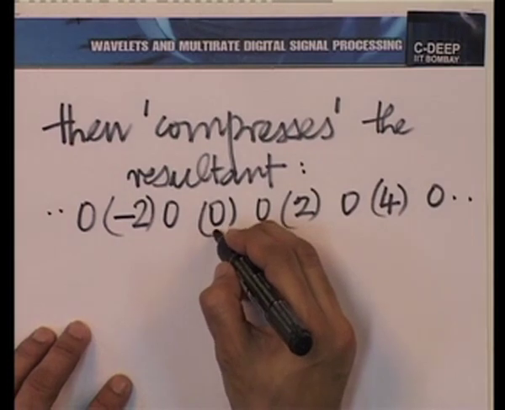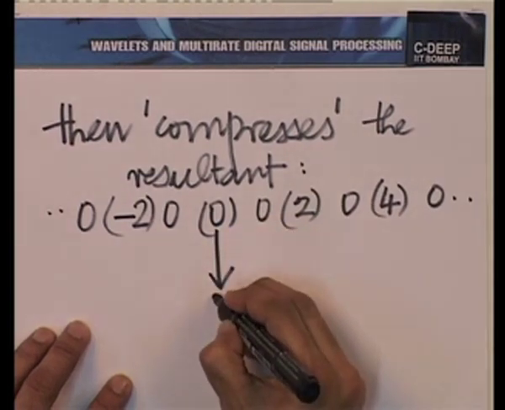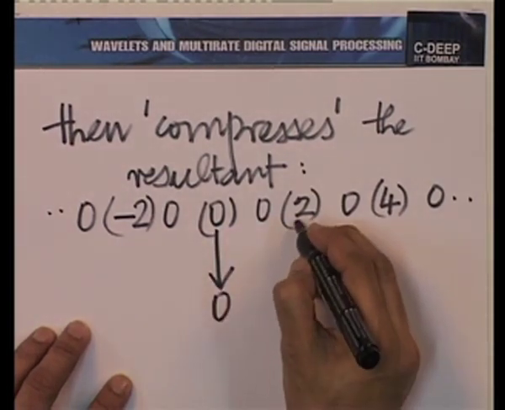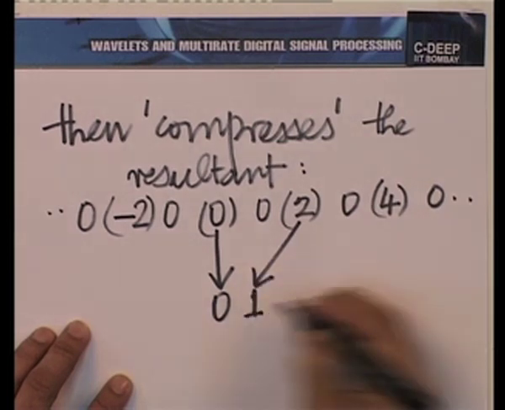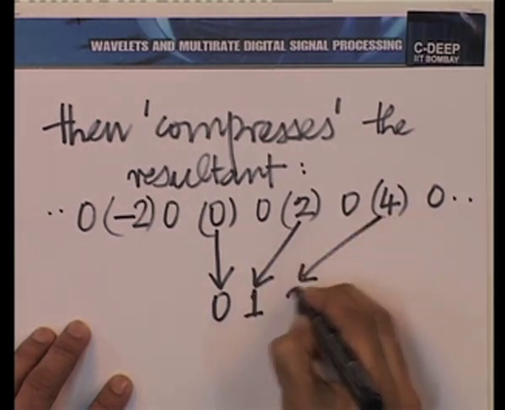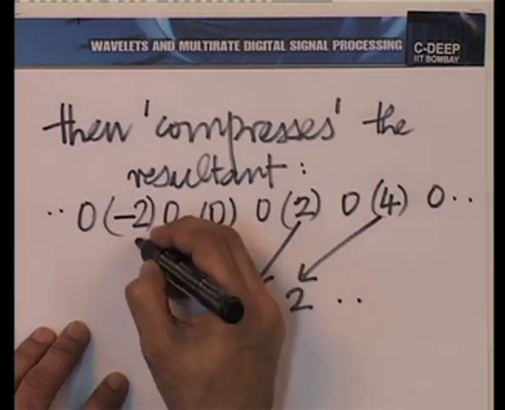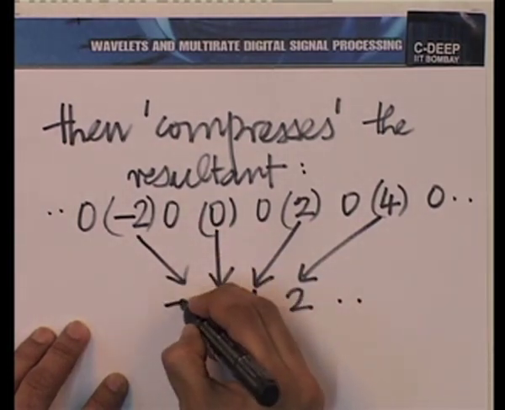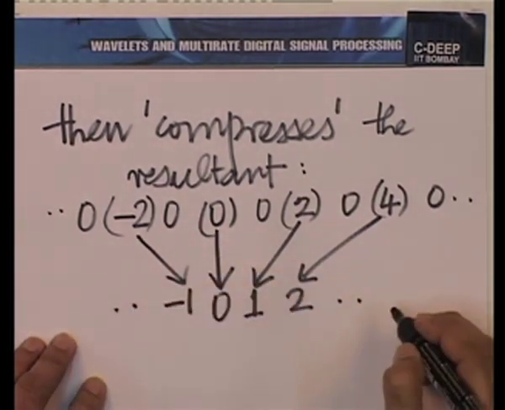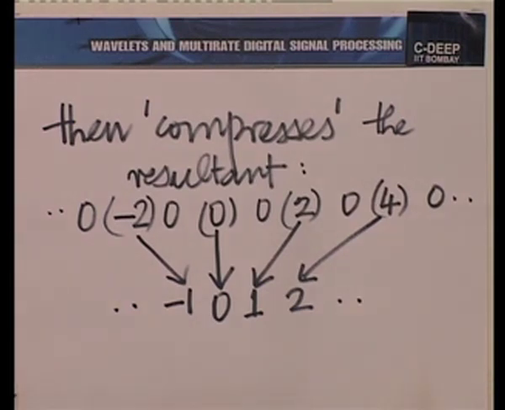And the compression brings 0 to the point 0, this to the point 1, 4 to the point 2 and so on and so forth. And here it brings minus 2 to the point minus 1 and so on and so forth. So, there is a so called compression taking place, a removal of the unwanted zeros.